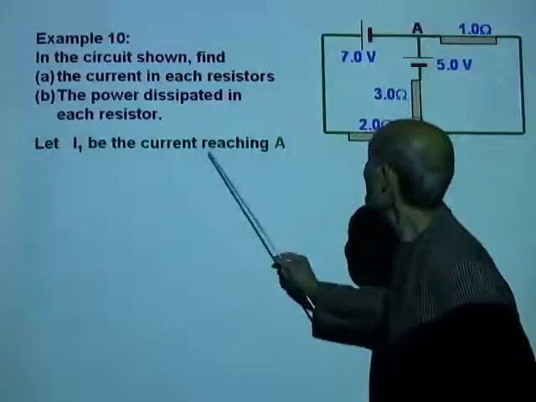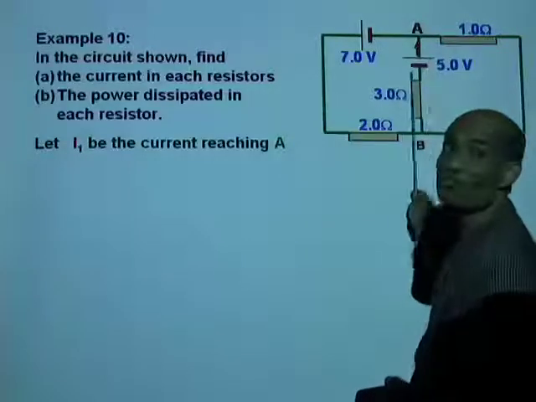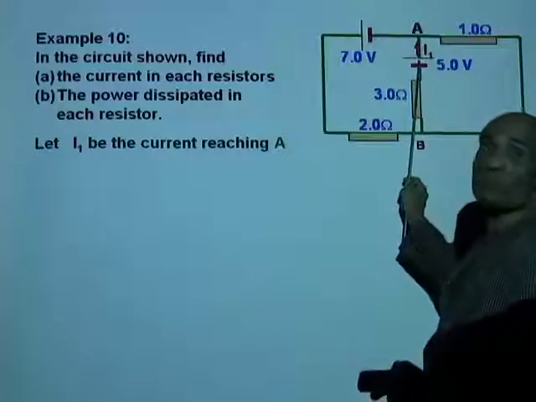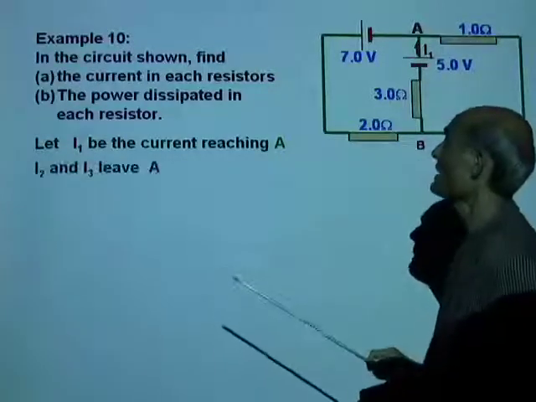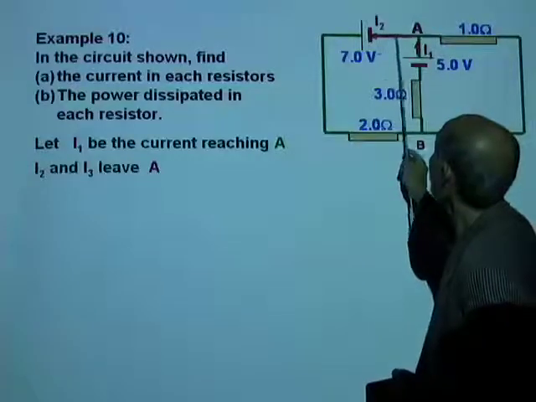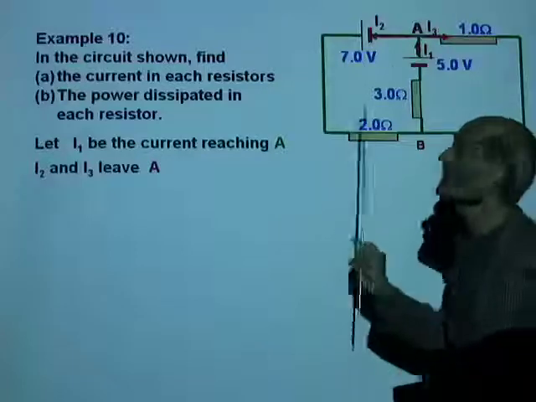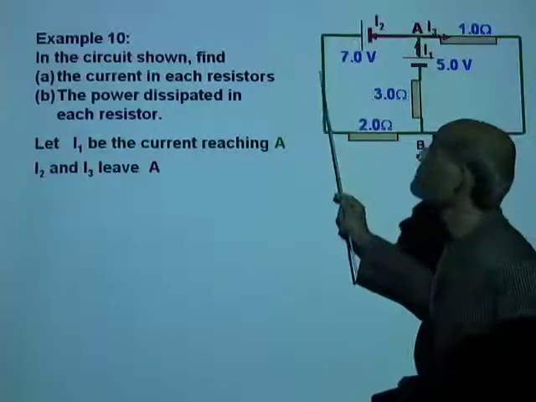So let I1 be the current starting from the 5 volt cell and reaching A. I2 and I3 leave the point A. That means the current in the second cell will be I2.